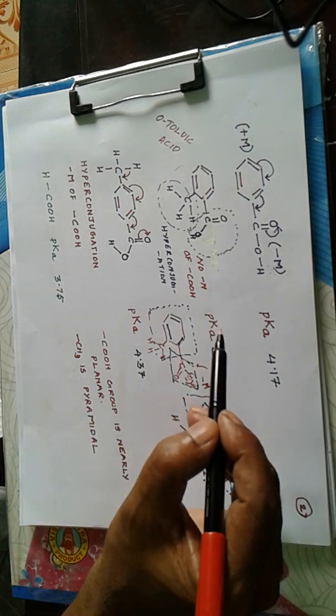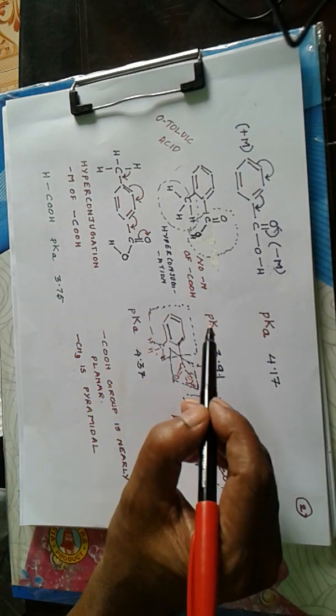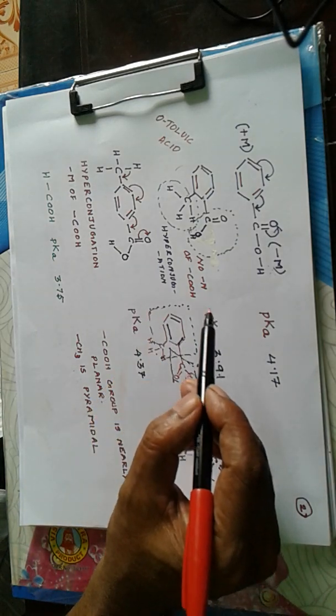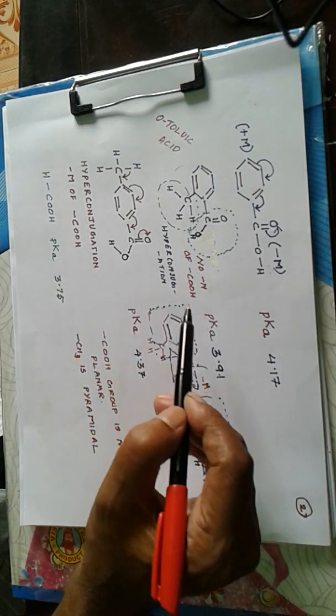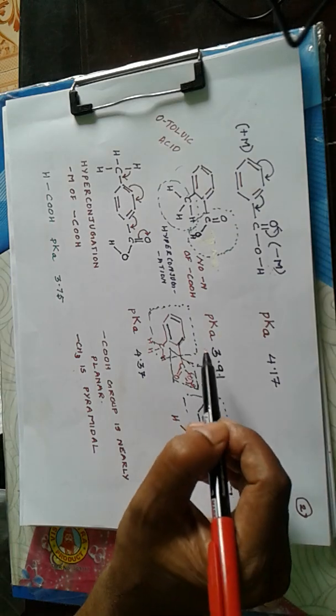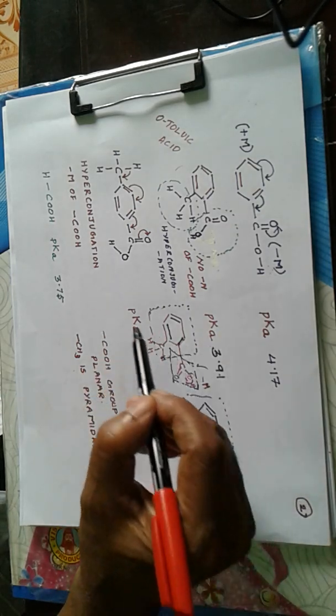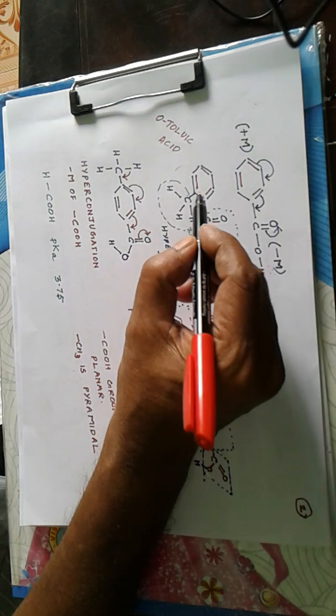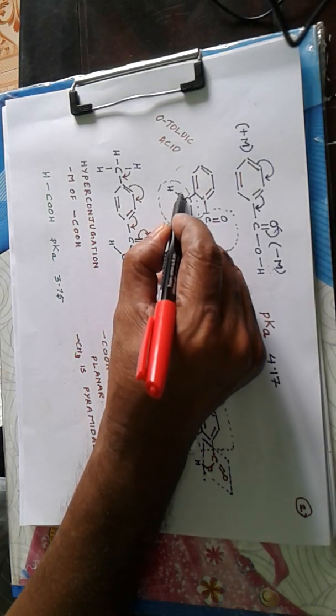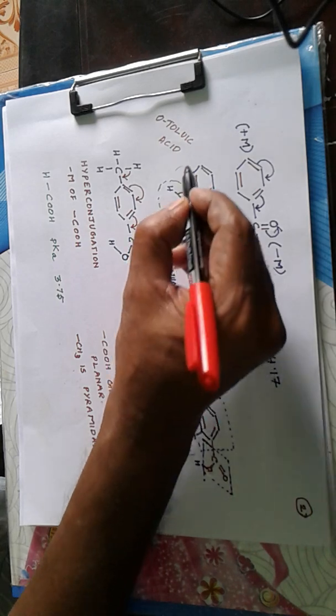Now if that is the only electronic case, then you would expect the acidity of orthotoluic acid and formic acid to be nearly equal. But there is a slightly higher pK value for orthotoluic acid, and there we come across what is called hyperconjugation occurring in this manner.